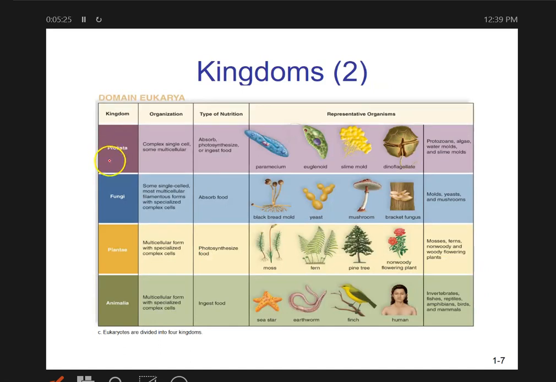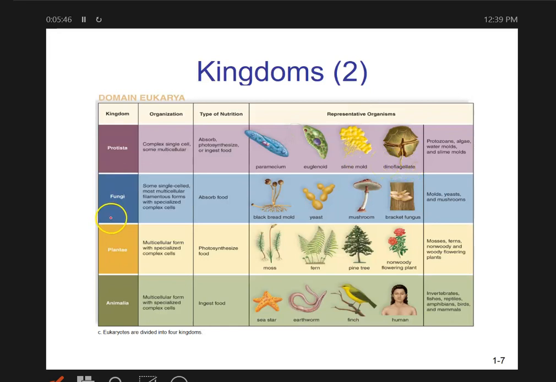So pro means first, okay? Here it's very primitive in the sense they are single celled. Some are multicellular, but most are single celled forms. The type of nutrition that they have is photosynthesis, or they ingest food. Lots of examples in here: paramecium, euglena, slime molds, dinoflagellates, of course.